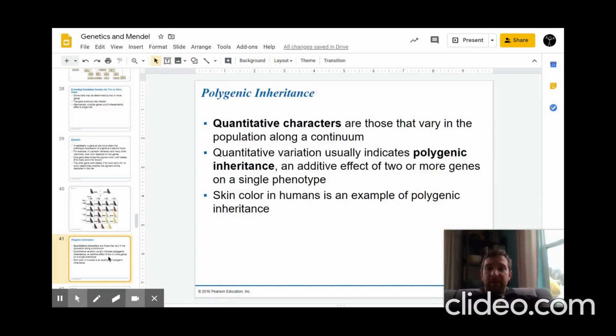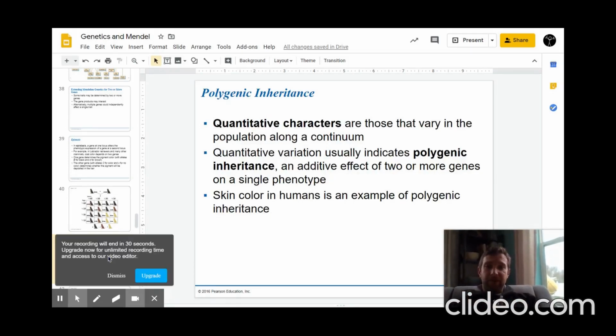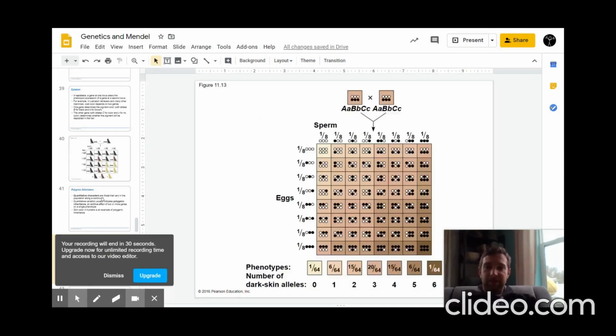In terms of polygenics, sometimes polygenics are responsible for things that deal with numbers. For instance, height or skin color, where we have a whole bunch of genes and there is a gradual progression from one end of the spectrum to another. And this is from multiple genes, multiple alleles that are responsible for this. So in the case of skin color, we can see that there are at least 3 different markers that are responsible for this.